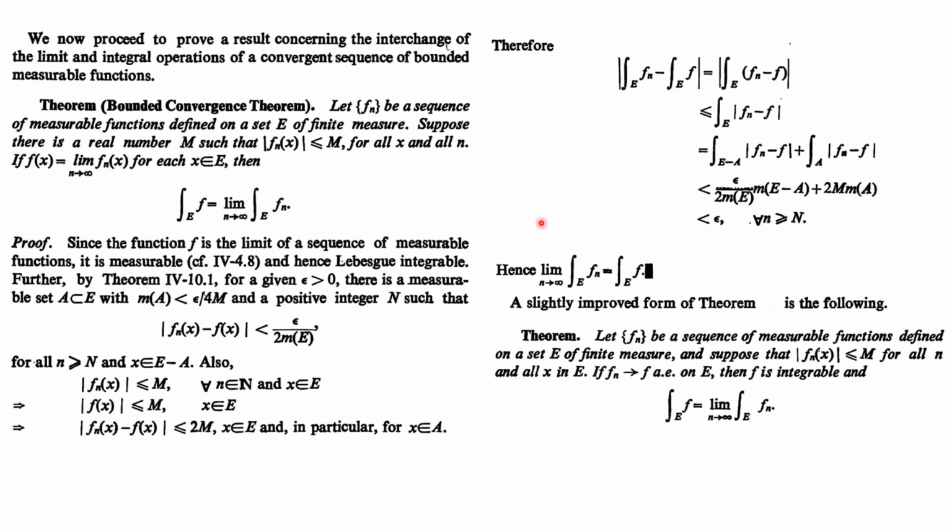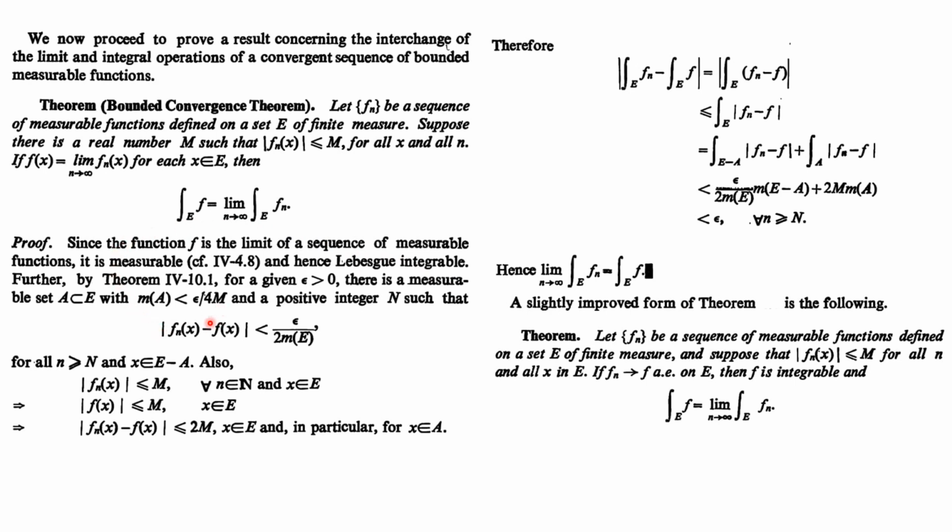So once again, see, the bounded convergence theorem says whenever we have a bounded, pointwise convergent sequence defined on a set of finite measure, we can always interchange the limit with the integral. Mainly we use this theorem in the proof of the bounded convergence theorem.